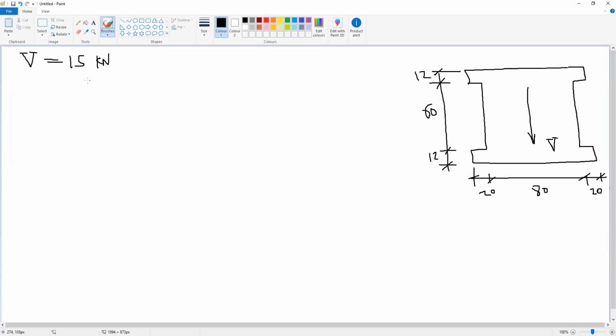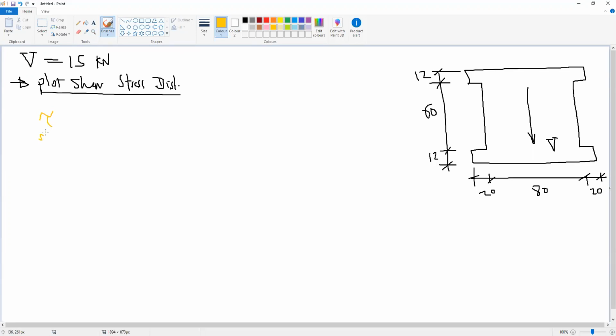Okay, and the requirement is to plot the shear stress distribution. The first thing we need to know now is what is shear stress, what is the formula for shear stress. Shear stress, we indicate with tau.